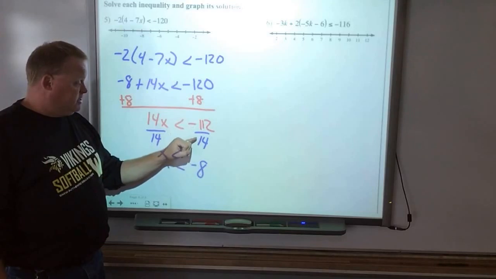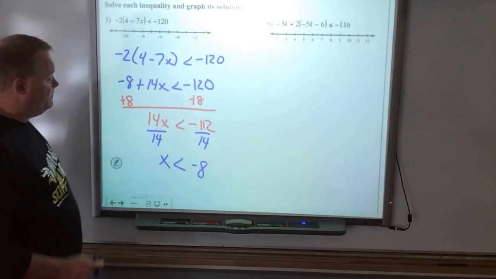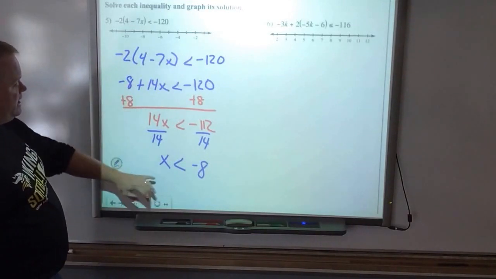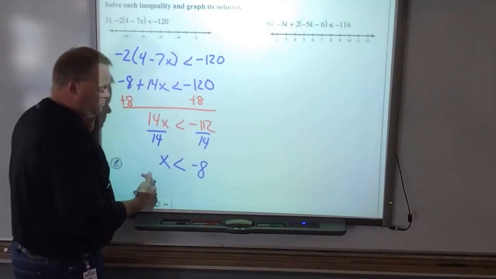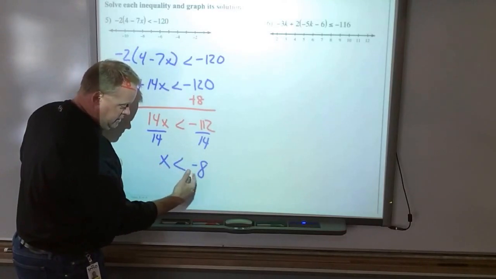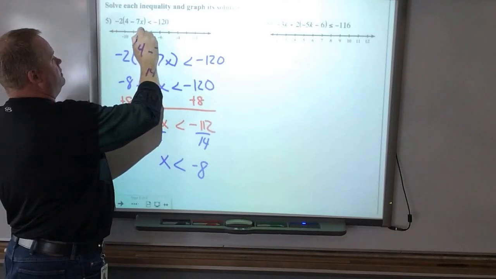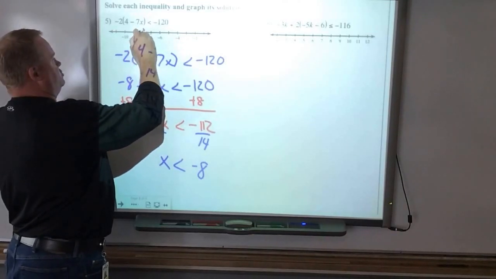We're not changing because we divided by a positive, so a negative and a positive stays negative. So as I look at this, I want to read this from left to right. So x is less than negative 8. Find negative 8 on my number line. Open circle because I am just less than.